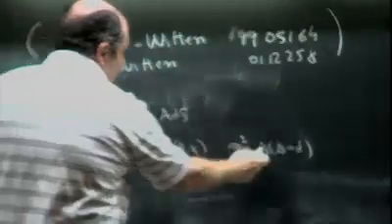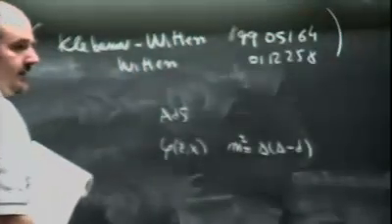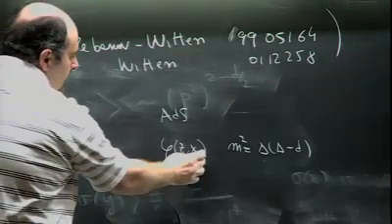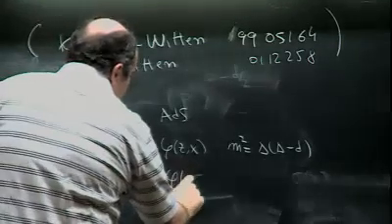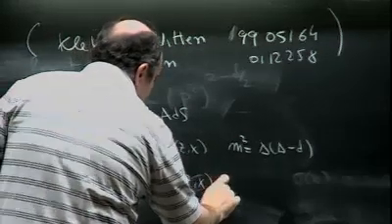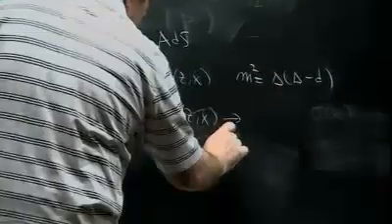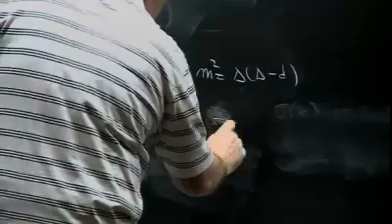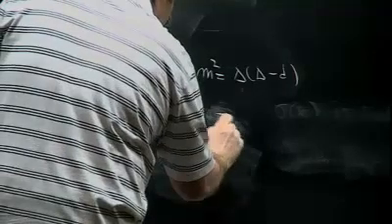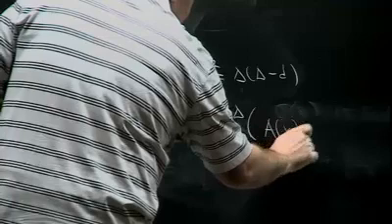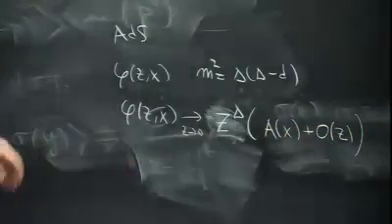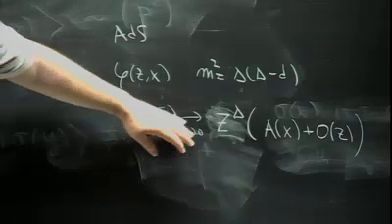Where this delta is related to how this field scales as you send z to 0, which is the boundary of AdS. I'm using Poincare coordinates. This delta is such that as z goes to 0, the field goes like z to the delta times some function of x plus higher order in z. So this delta is related to how this field scales.